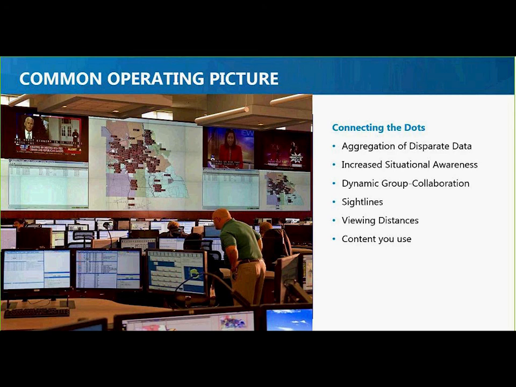Viewing distances kind of tie into sightlines. Viewing distances are really the optimal distance of where somebody sits in the room, front row, second row, etc., versus where the actual display screen is. There's a rule of thumb for how close or how far someone should be from the screens.